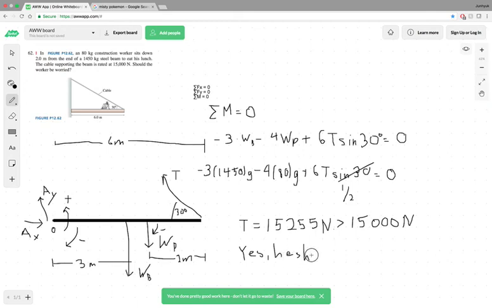Now, a few other things to note: I know that I mentioned the 3 conditions here. The sum of F sub x being equal to 0, the sum of F sub y equaling 0, and the sum of moments all equaling 0.